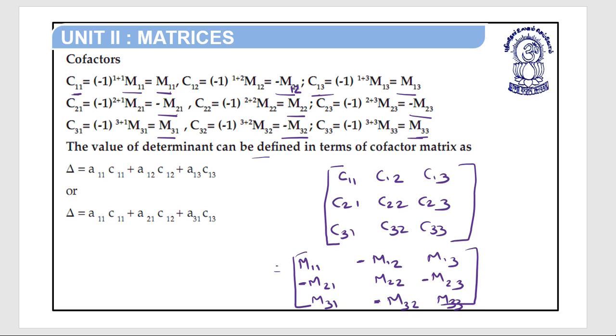The value of the determinant can be defined in terms of cofactors as delta equals A11 C11 plus A12 C12 plus A13 C13, or A11 C11 plus A21 C21 plus A31 C31.